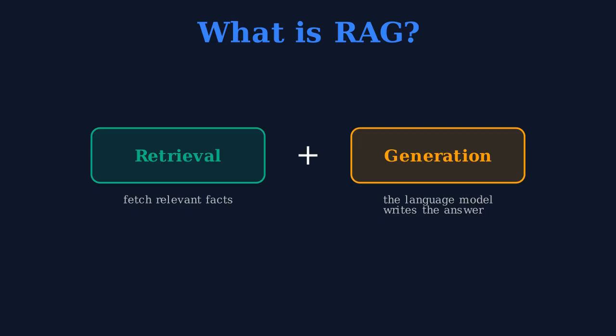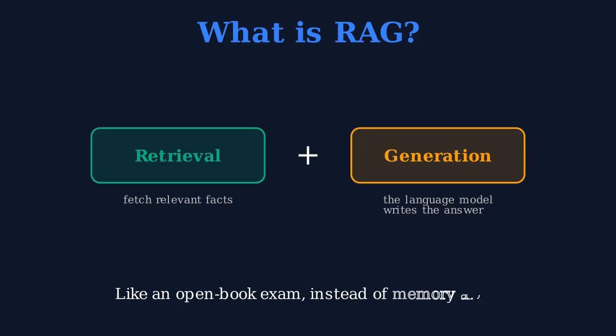Instead of relying purely on what it memorized during training, the model is handed fresh and relevant information before it answers. It's like an open book exam instead of an exam from memory alone. So it has the memory from the model's training, and it also has your private data. Retrieval Augmented Generation works with both.